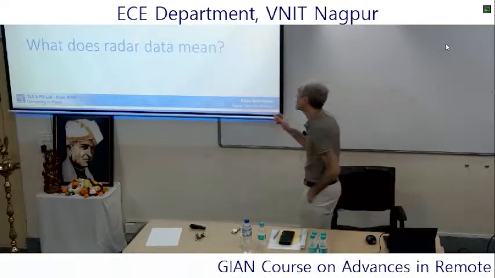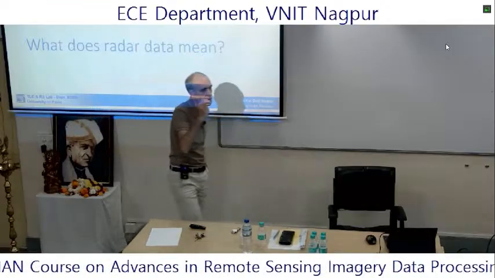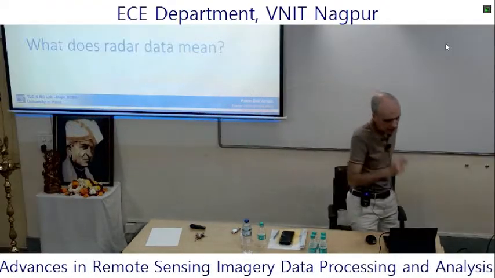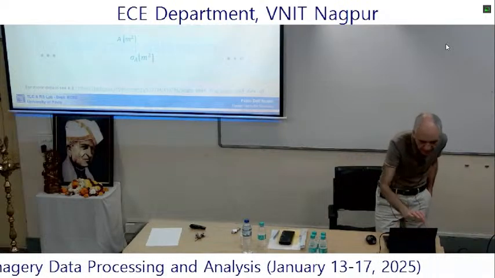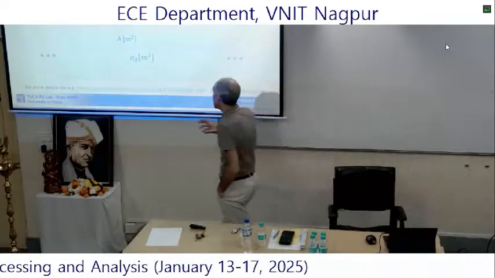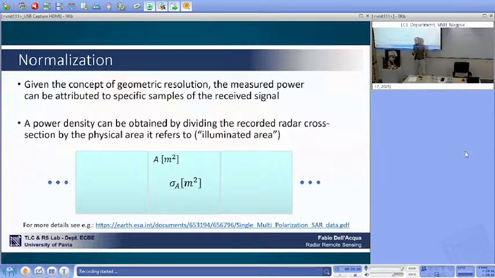What does radar data mean? Not that you're not interested in radar data, but in the precise physical meaning, because you need to really look into the details of the physical process. So I will limit myself to saying that in some sense, like for optical data, you identify for every pixel a corresponding portion of the Earth's surface to which you attribute the sensed wave that you're recording with the antenna.